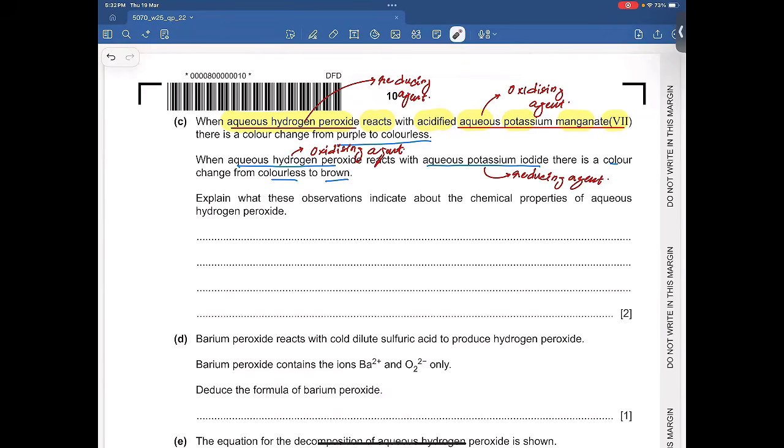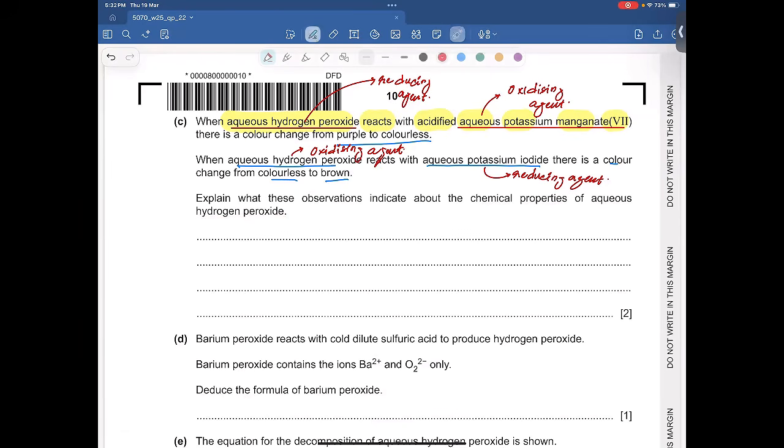If you remember. So hydrogen peroxide can act as an oxidizing agent and as a reducing agent. When it is treated with potassium manganate(VII), it will act as a reducing agent. When it is treated with potassium iodide, it acts as an oxidizing agent, which is why the color changes from colorless to brown. All right. Explain what these observations indicate about the chemical properties of aqueous hydrogen peroxide.